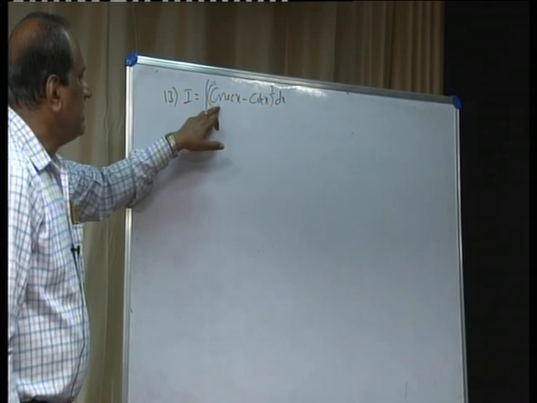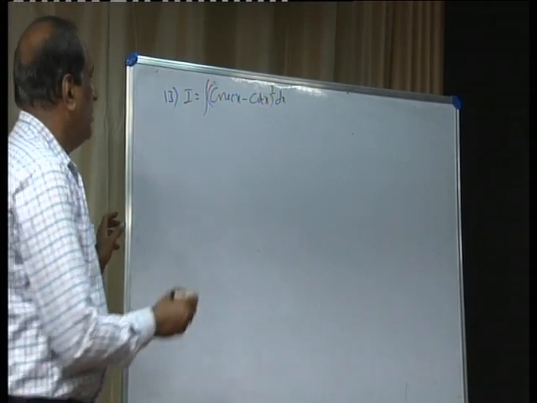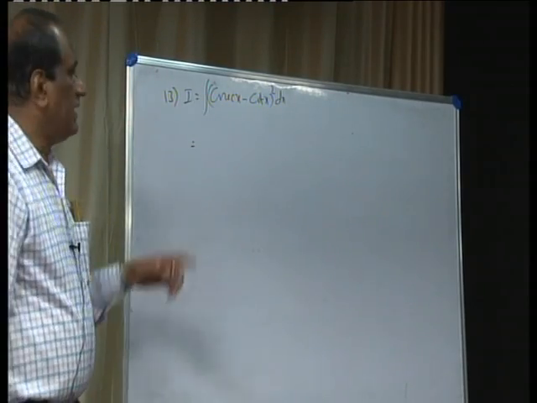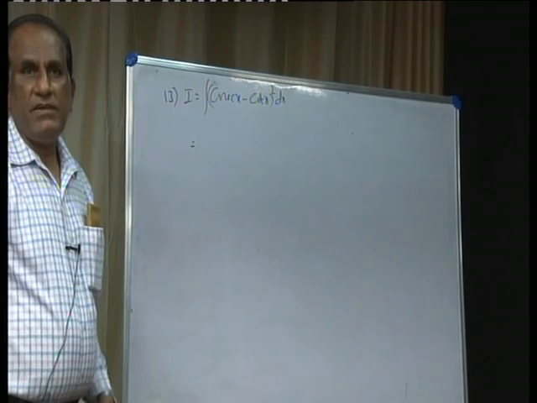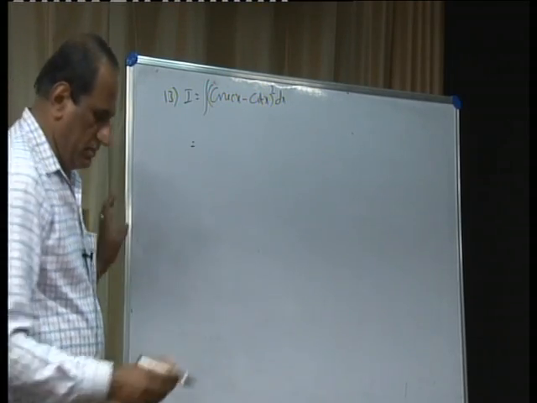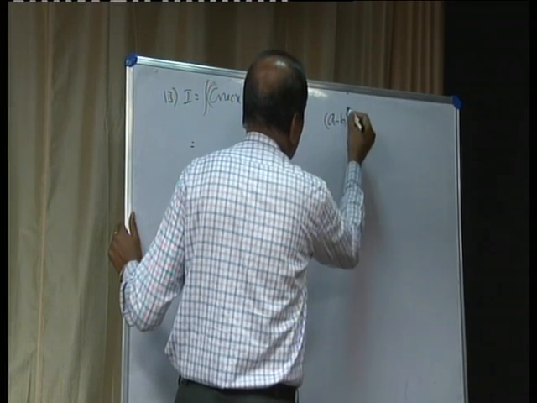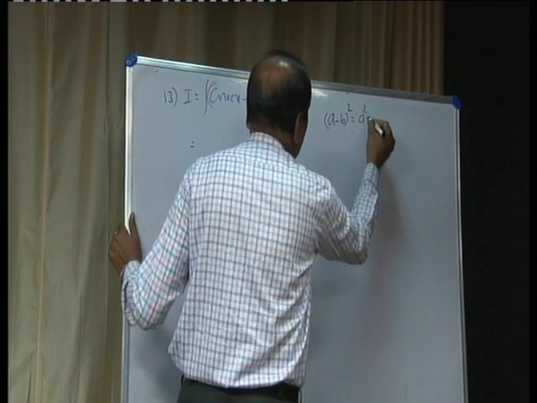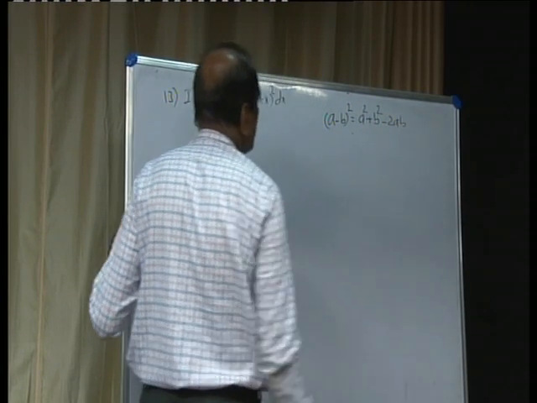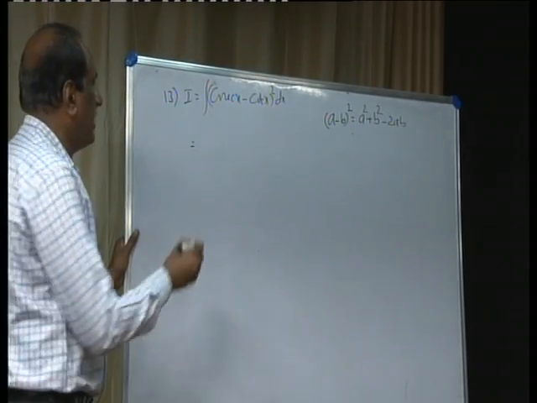The terms in the binomial are cosecant x and cot x. Now to integrate a function of this type, use the a minus b whole square formula. What is that formula? A minus b whole square is equal to a square plus b square minus 2ab.